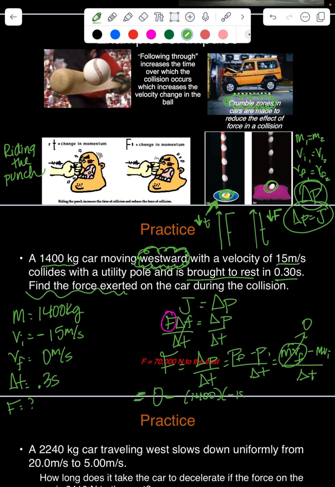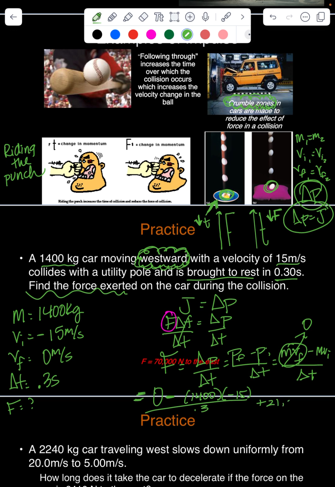1,400 times negative 15 all over our time interval of 0.3. Well, 14 times negative 15 gives us negative 21,000. So what is 0 minus a negative 21,000?